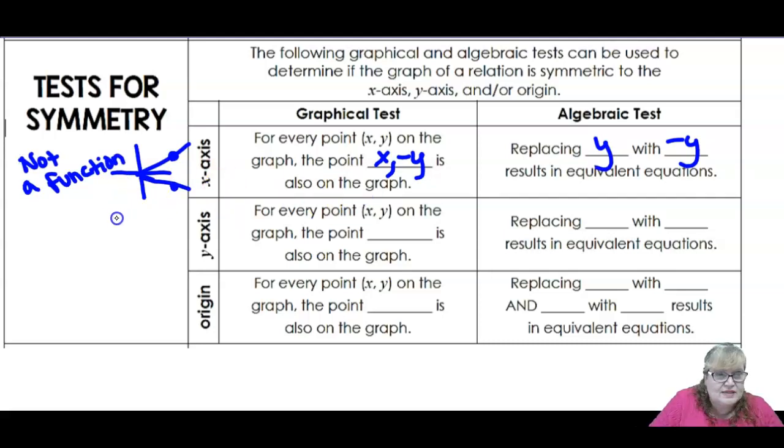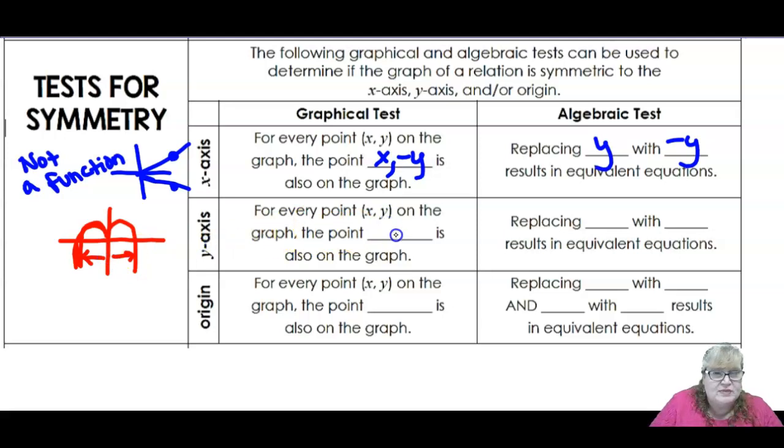All right, y-axis symmetry, that same V, or we could do a parabola. How about a McDonald's arch? Okay, I didn't draw mine very accurately, but if this was perfectly symmetric, then every time you went to the right or left the same amount, it would have to match up.